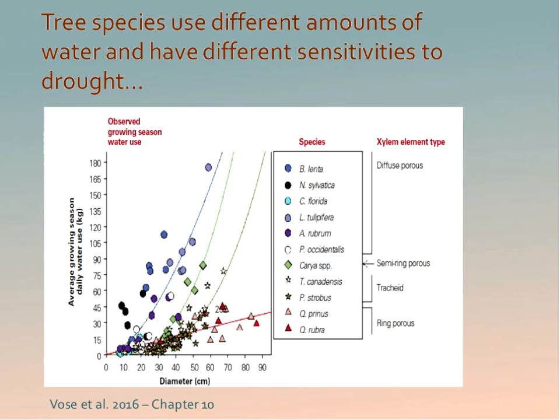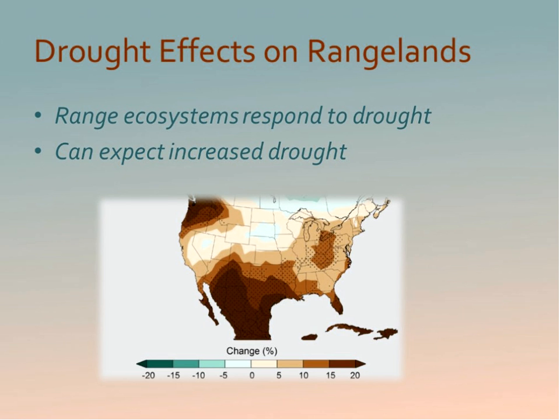So essentially, systems that have a lot of the diffuse porous, high water use species are more vulnerable, and over time with a lot of droughts, these systems may adjust to more water use efficient or more drought tolerant species, just as the competitive interactions of these different species play out.